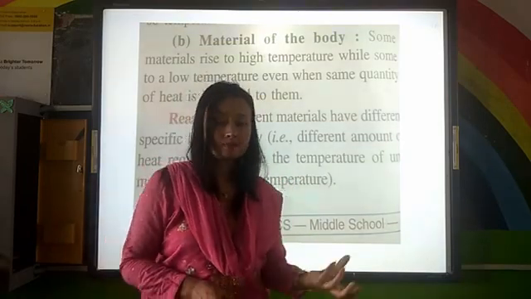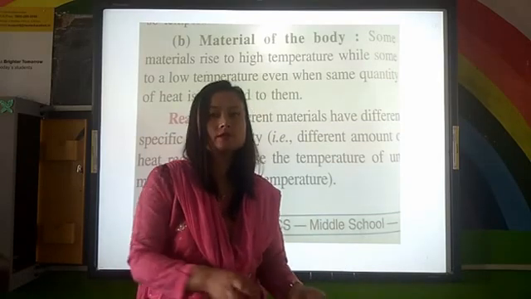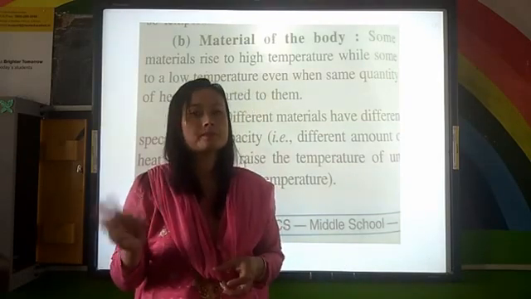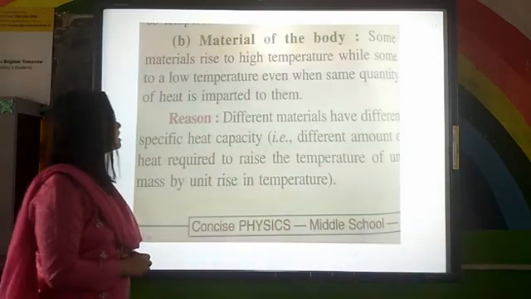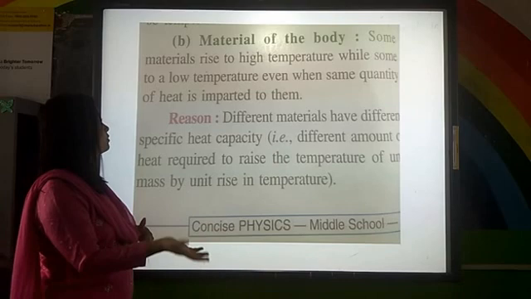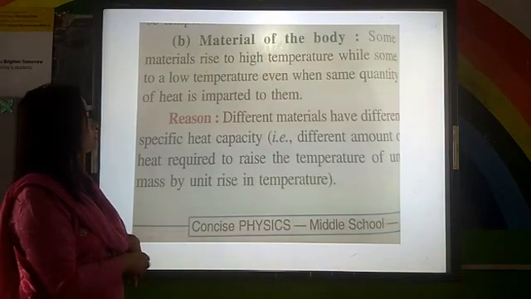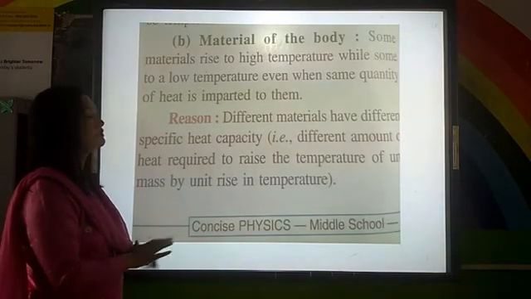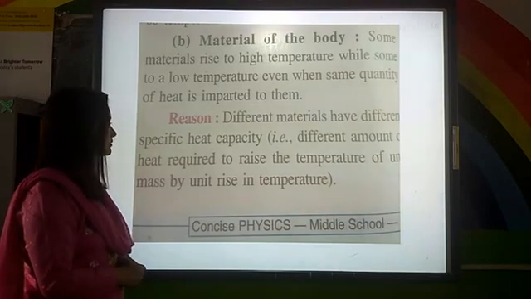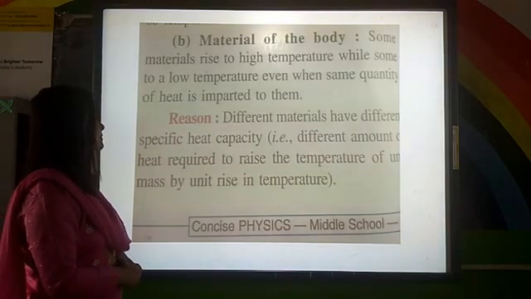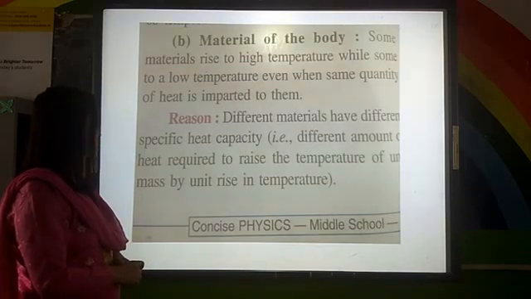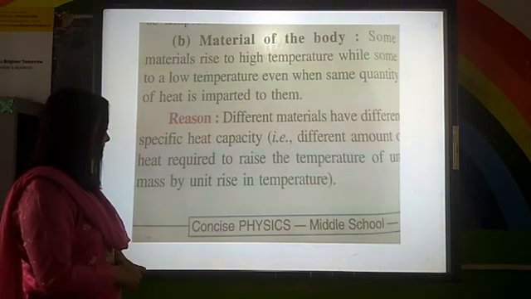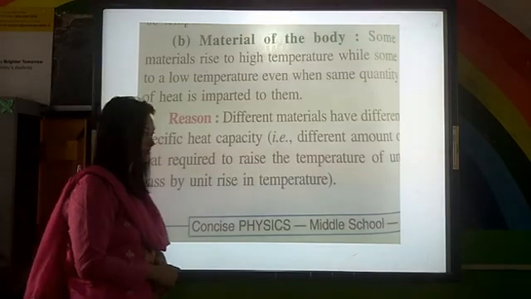Ice is made up of water, so it's a different material, and metal is a different material, isn't it? Some materials rise to high temperature while some to a low temperature, even when the same quantity of heat is imparted to them. Different materials have different specific heat capacity, that is, different amounts of heat are required to raise the temperature of unit mass by unit rise in temperature.